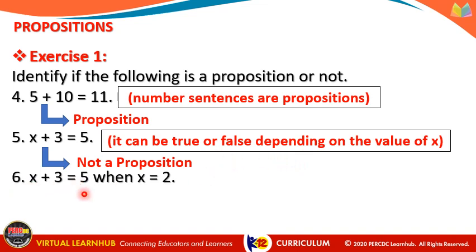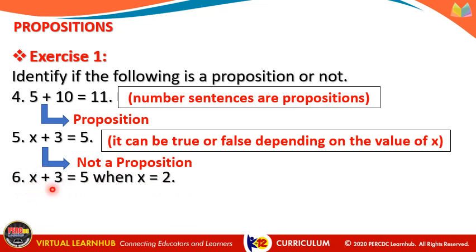What about the sixth one? x plus 3 is equal to 5 when x is 2. Yes, we have an equation. However, it was specified what the value for x is. Now, is this statement true or false? Of course, if you evaluate it, if x is 2, you will be satisfying 2 plus 3 equals 5.